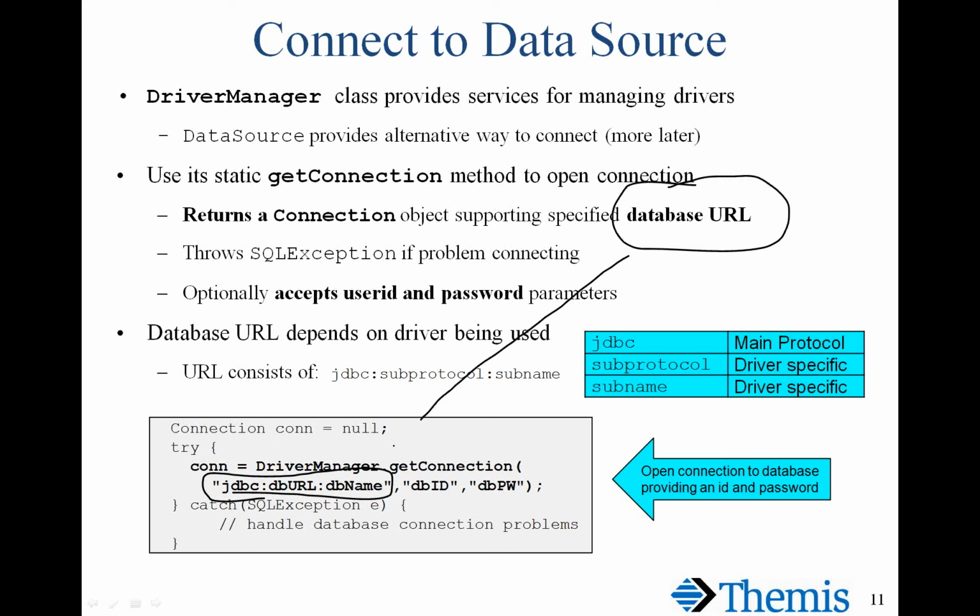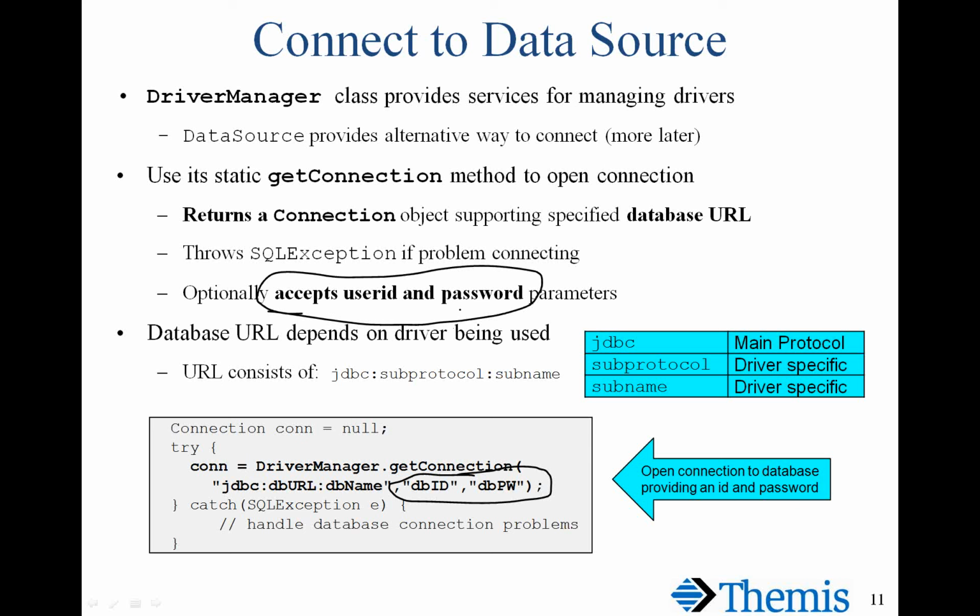This database URL identifies which database you want to connect to. We'll see another URL on the example in the next page. The three parameter version of getConnection, which you see here, accepts the user ID and password as well, and security is typical, certainly in an enterprise environment, so having an ID and password is the norm.